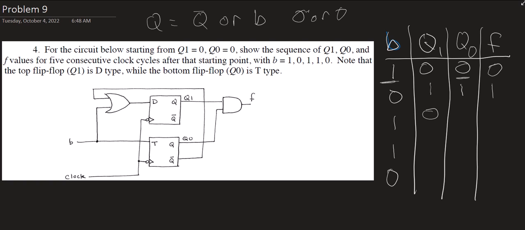Q0, looking back at the row before, B was 0, and in a T flip-flop that means no change. F is going to be the AND of these two, which is 0.